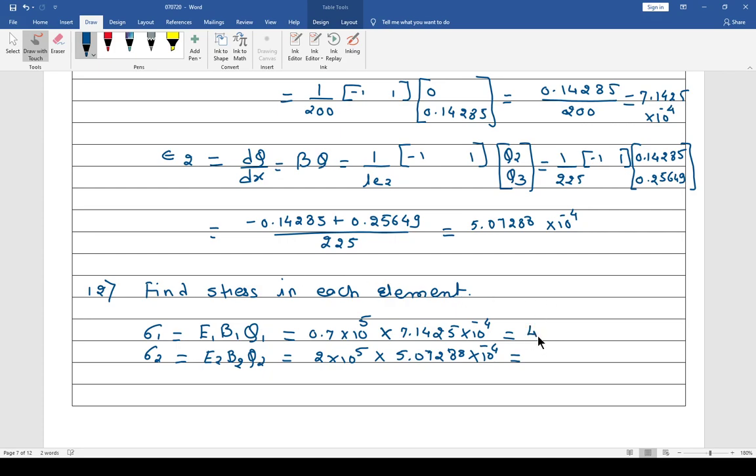So somewhere around 49.887 and 101.4576 MPa, and the actual values are 50 and 100.